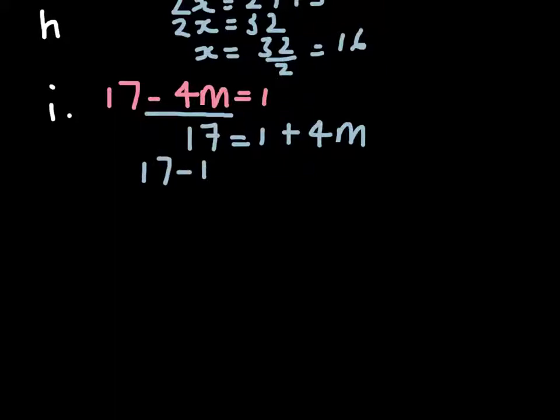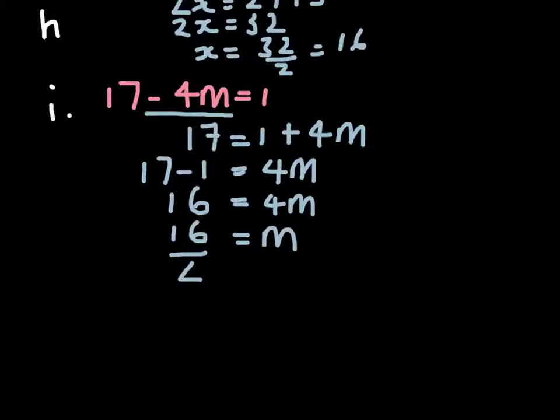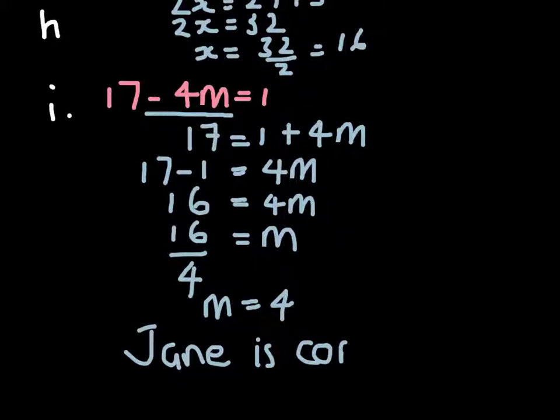So 17 minus 1 equals 4m. 16 equals 4m. And now I don't want 4 lots of m, I only want 1, so I have to divide it by 4. 16 divided by 4, and m equals 4. So who is correct? Jane is correct, because Jane is the one who said 4.